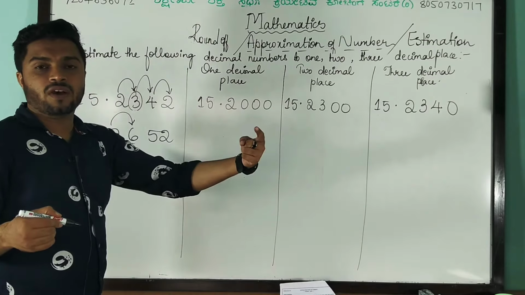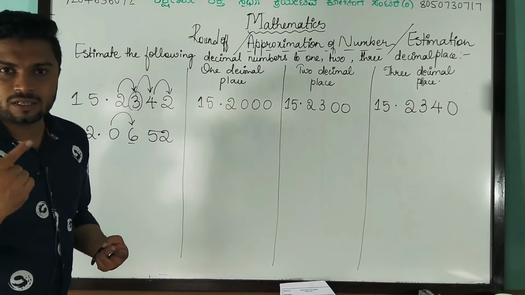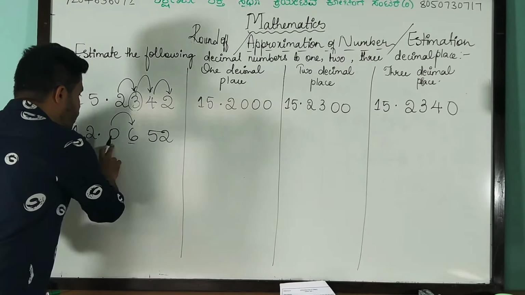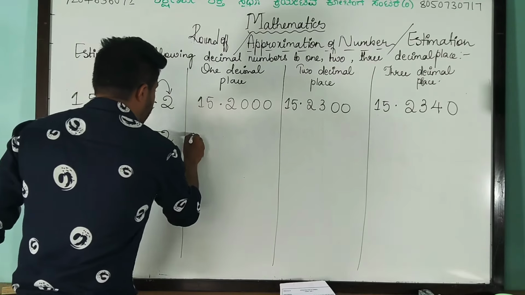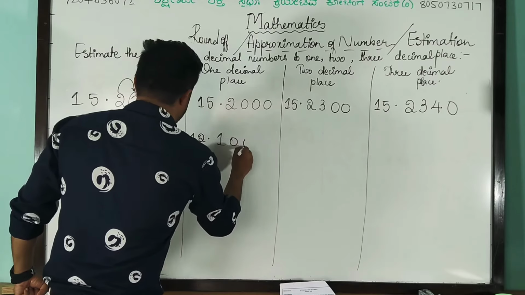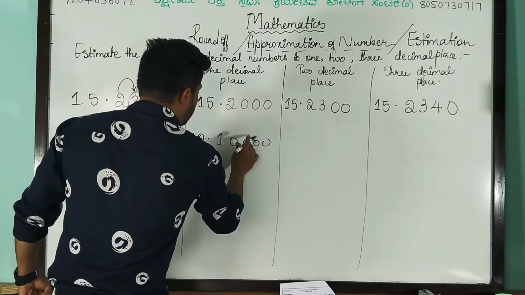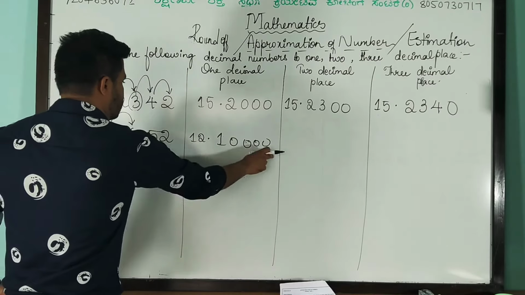If it is more than 5, you are going to increase one number. Done. Yes. So here if you increase 0 plus 1, 1. Okay. Yes. This becomes 12.1000. You have 4 zeros here, right? 1, 2, 3.